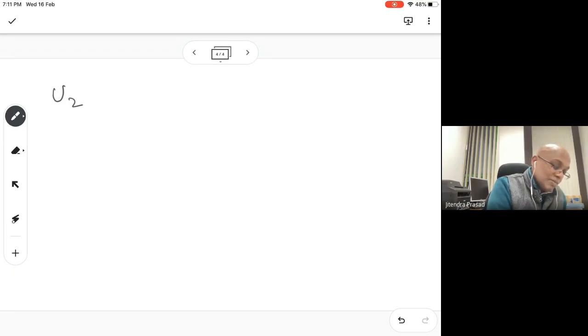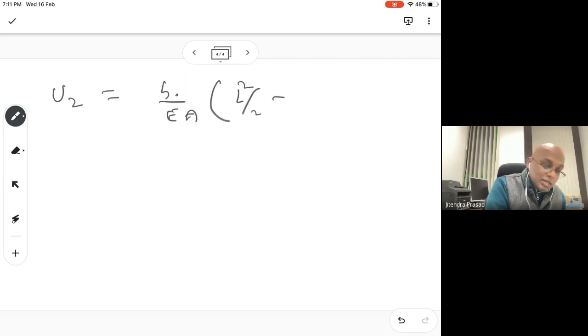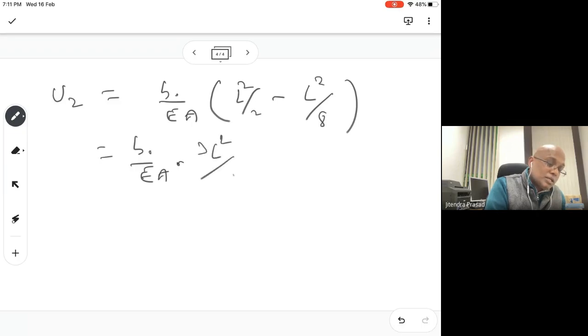So U2 value you should get B0 over EA and L square over 2 minus L square over 8, so B0 over EA times 3 L square over 8.